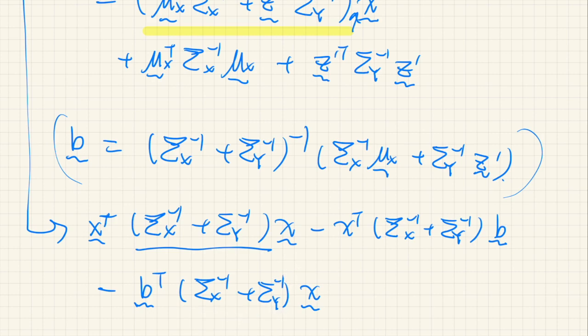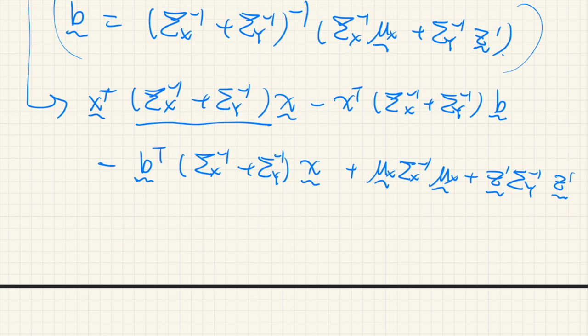So we can just write it like this, and the rest, mu x and z prime. Now we can almost complete the square.